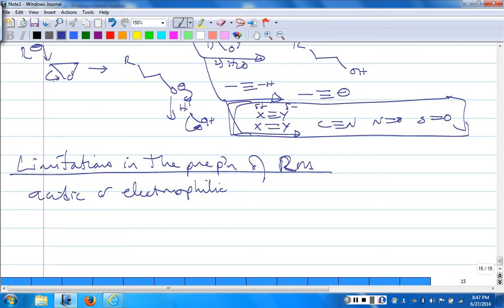For example, suppose I start off with one of the molecules we had somewhat earlier, and I want to make the organometallic compound from that.